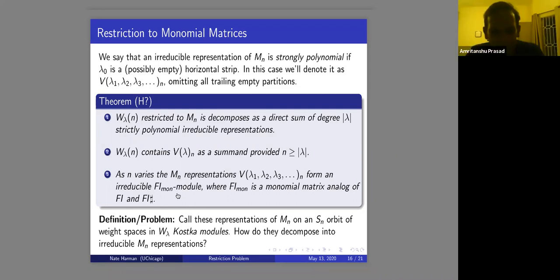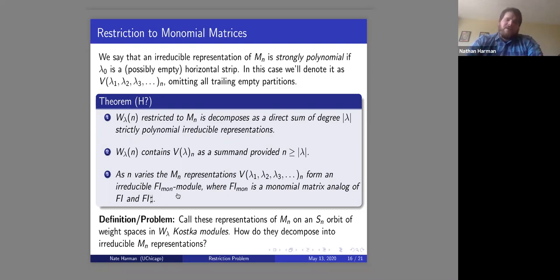So I'm not sure why there isn't an FI mon sharp. Is that redundant? It's redundant if we have this polynomial condition. So I could look at FI mon, and I could take monomial matrices which are injective as my category for FI mon, and if I look at all representations of that, that will include things that are not polynomial representations pointwise, right?